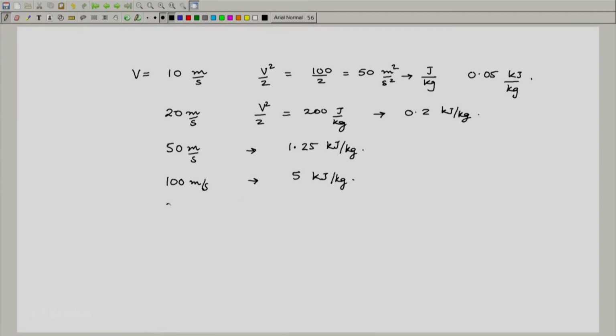And only if we are talking of around 300 meters per second, you notice that we move to around 45 kilojoule per kg, where it starts making a difference because our delta H is of the order of 400 to 900, and 45 then is at least 10% of it.